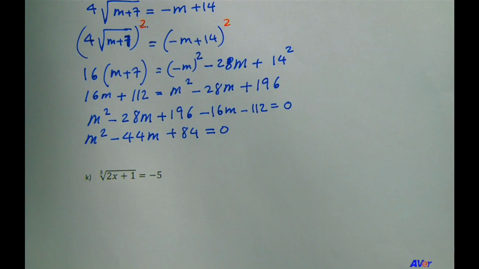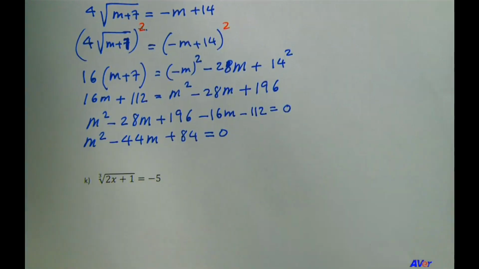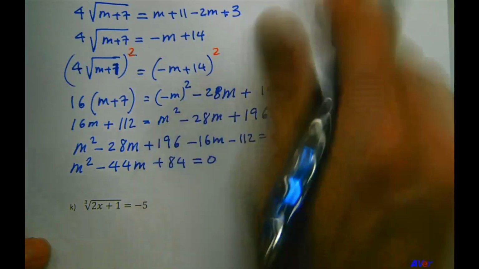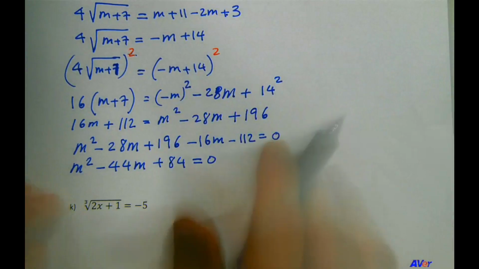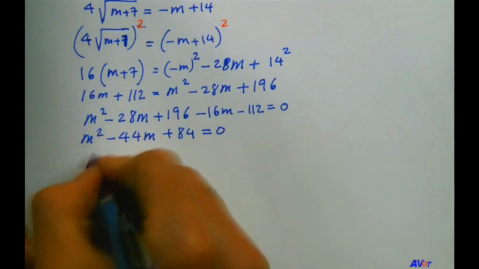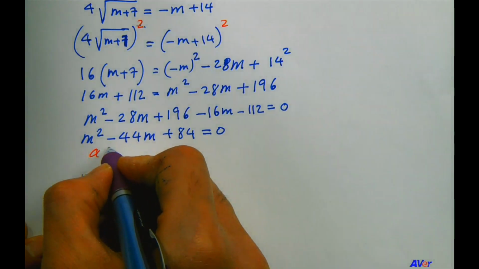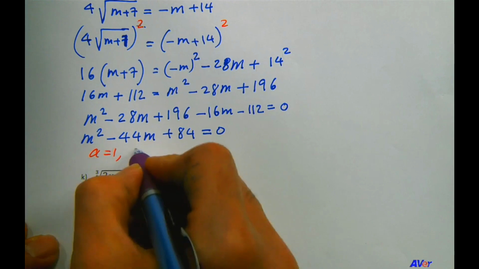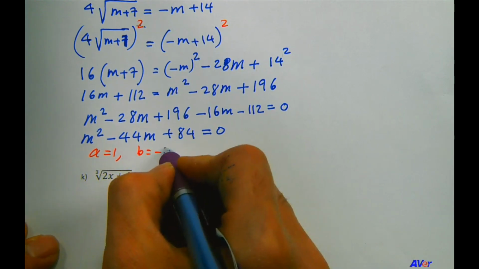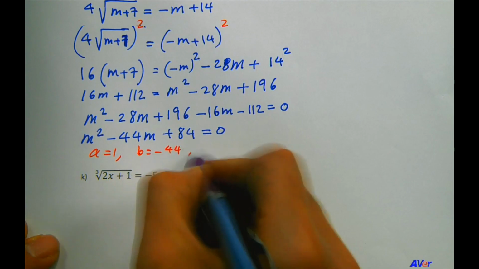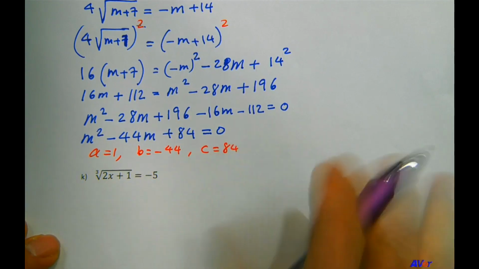So let's use the quadratic formula then. Before I do that, our A is equal to 1, B is equal to minus 44, and C is equal to 84, right?